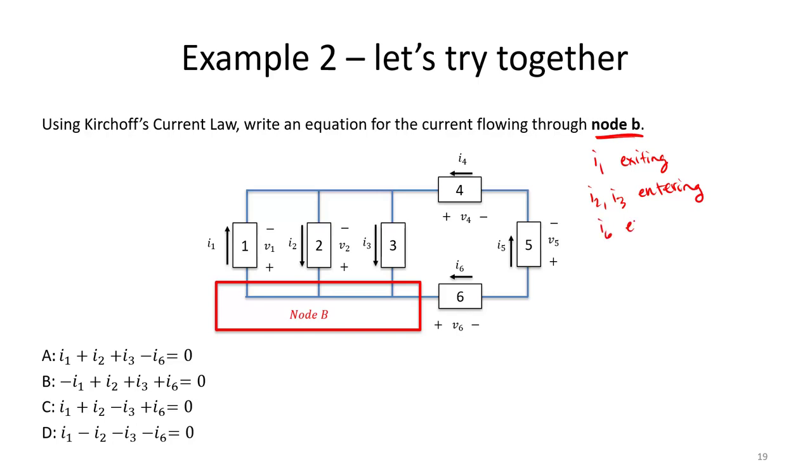And then we have I6 also entering my node B. So, if we treat current entering as positive, we end up with minus I1 plus I2 plus I3 plus I6 equals 0. So notice in this case, choice B is the correct answer.